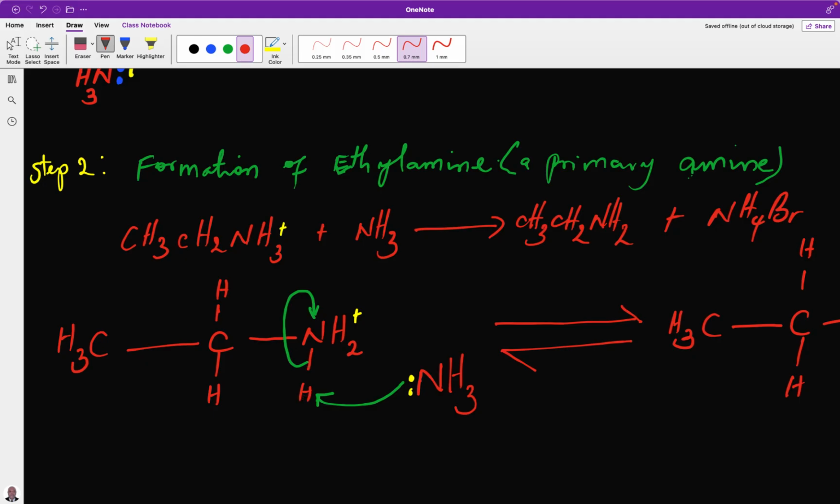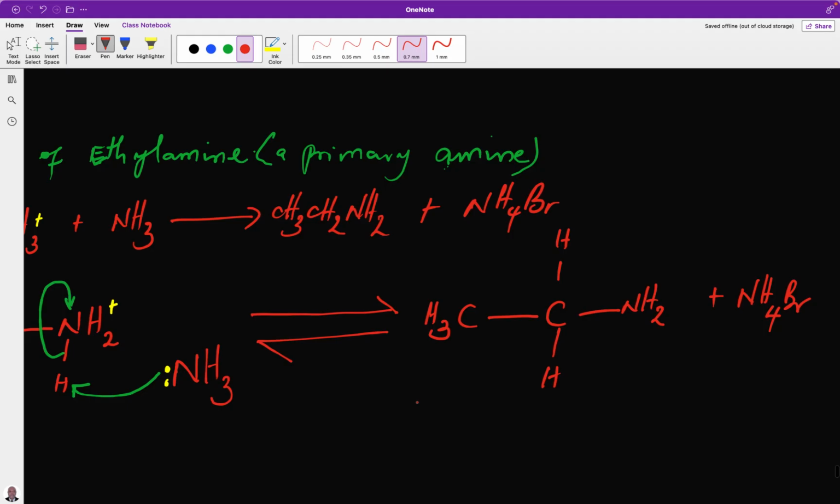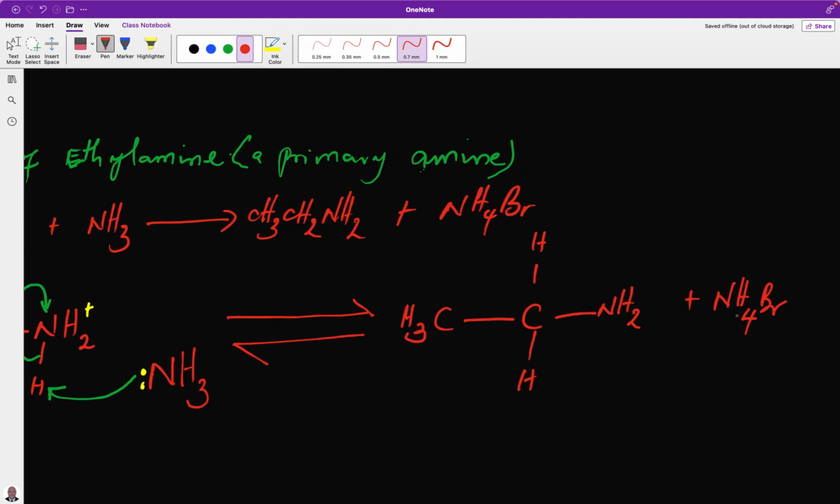Nitrogen only benefits from this electron by attaching itself to the lone pair of electrons of this ammonia. This is the NH4 that is formed.